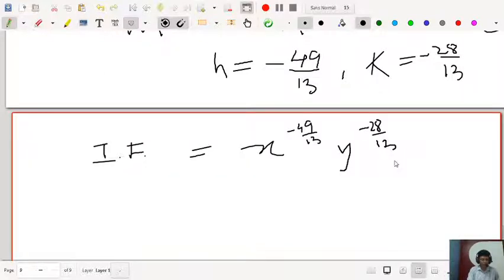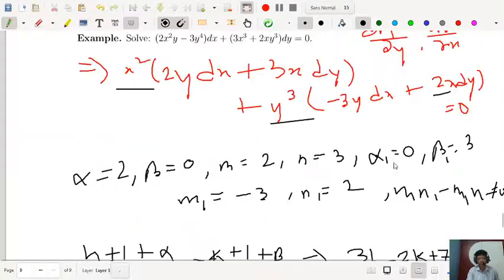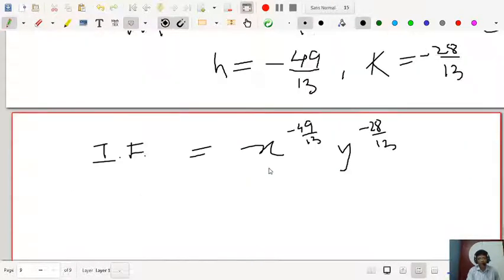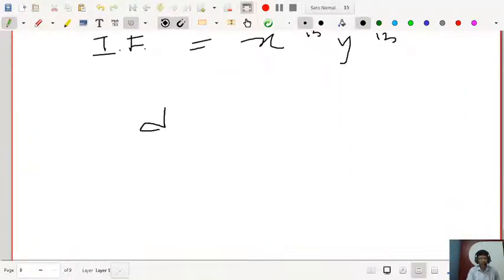You multiply the whole equation with this, that is a more complicated form, and the equation can be written like this.